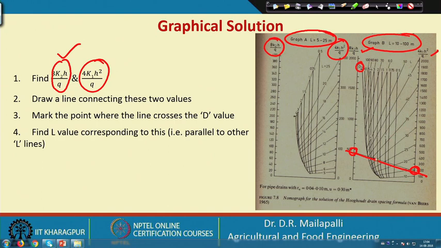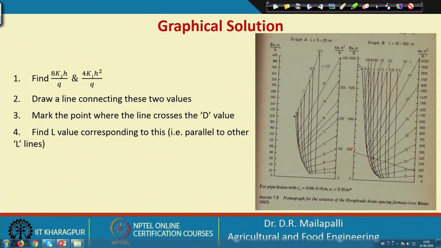For a particular d, these d values are given. Knowing the d value, you can find the corresponding L by interpolation. For example, you calculated 8 K2 d by q and 4 K1 h squared by q and located two points here, and let us say d is equal to 3. Then the corresponding L value is read off here.